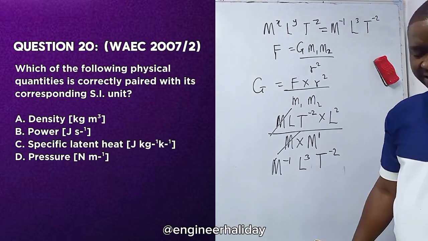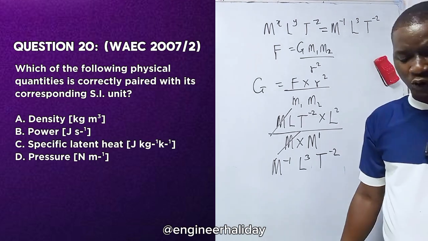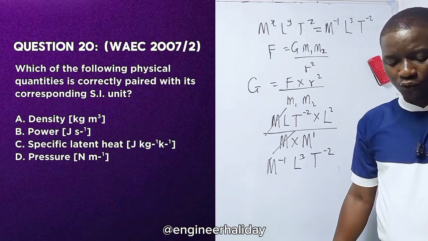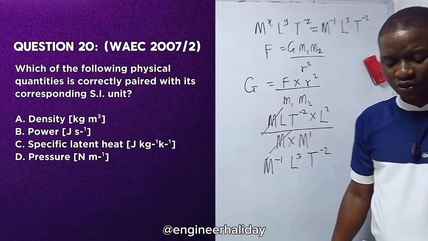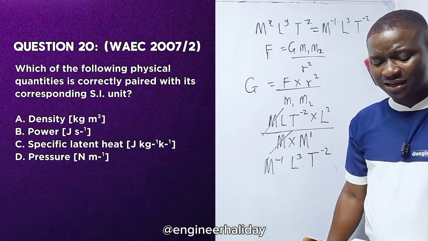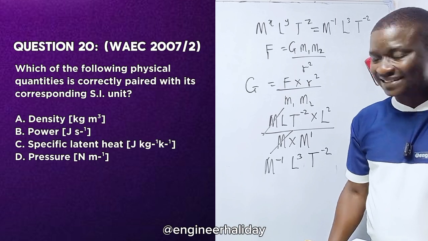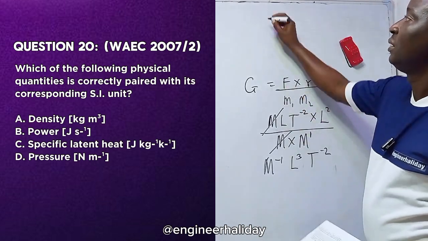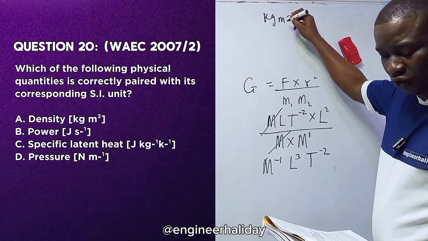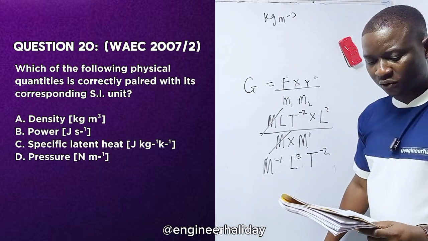Roman figure 1 is kilogram meter cube for density. No, density is kilogram per meter cube, not kilogram meter cube.